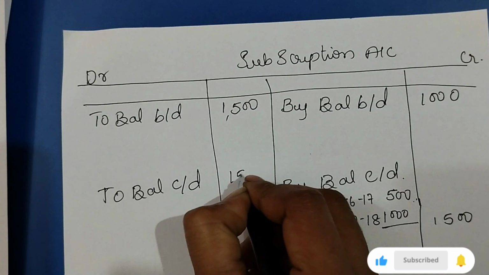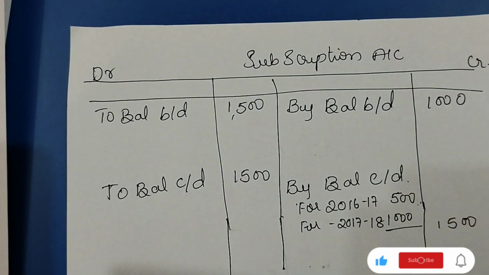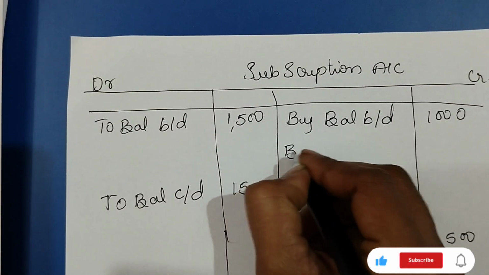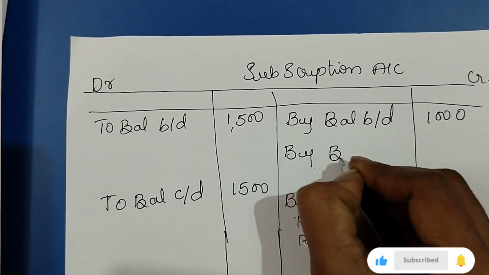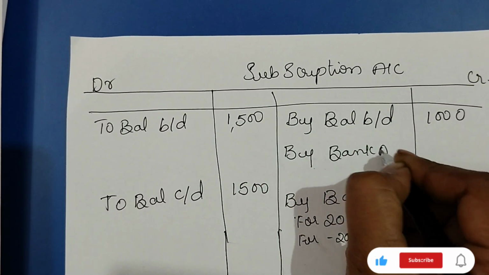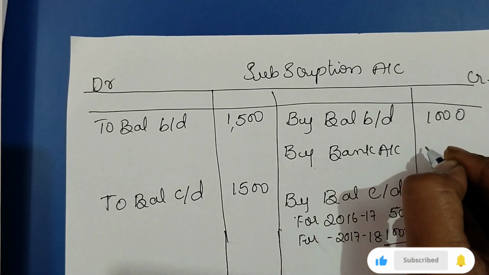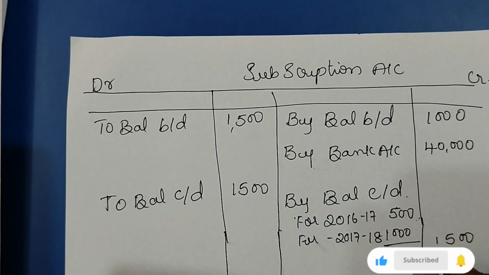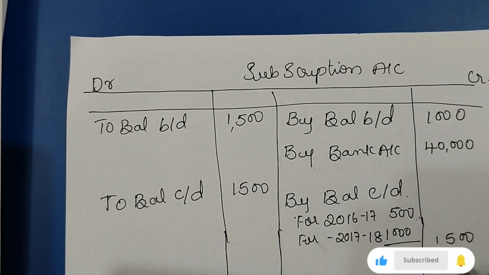For 2019 we received in advance, no, 1,500. And what is the subscription amount we received? By bank account 40,000. So we have recorded all the amounts.